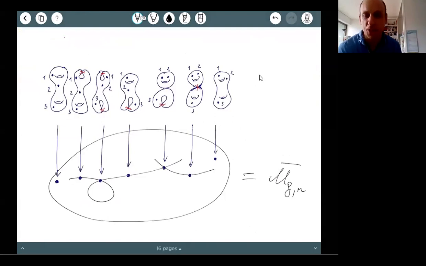So here is the picture which opens almost all of my talks. It is a pictorial introduction into the moduli space of curves. Here you see this big potato that is the moduli space of genus g curves with n marked points. So it is the moduli space of stable curves.